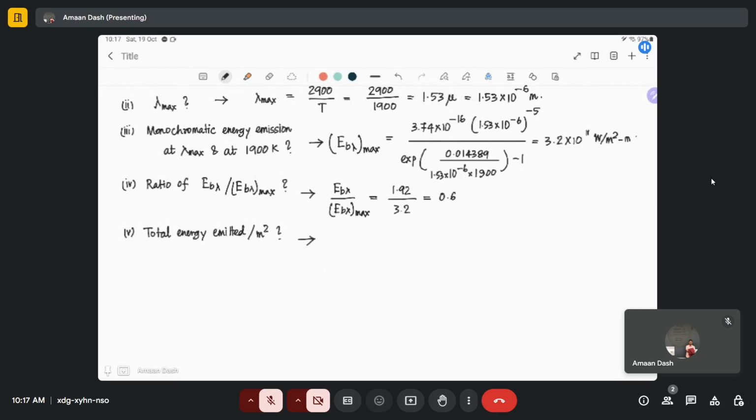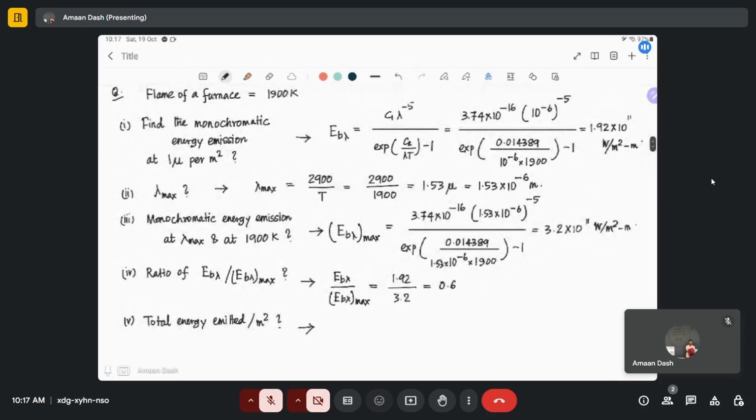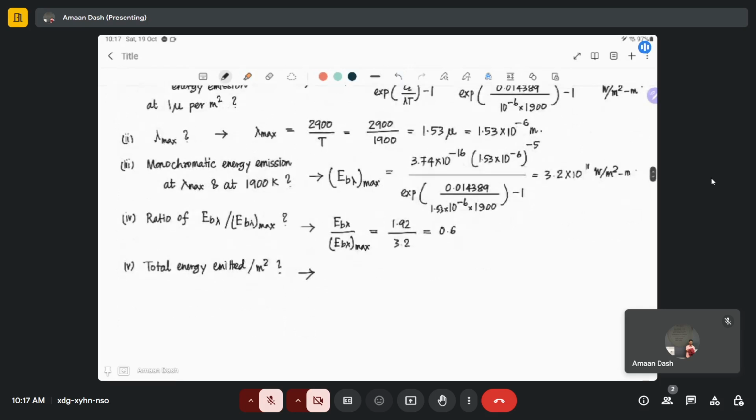And then, what is the total energy? If you integrate this EB lambda for all values of lambda, you will get the total energy, and that is what we also know as the common expression for the Stefan-Boltzmann law. That is EB for all values of lambda, which is equal to sigma times T to the power of 4.